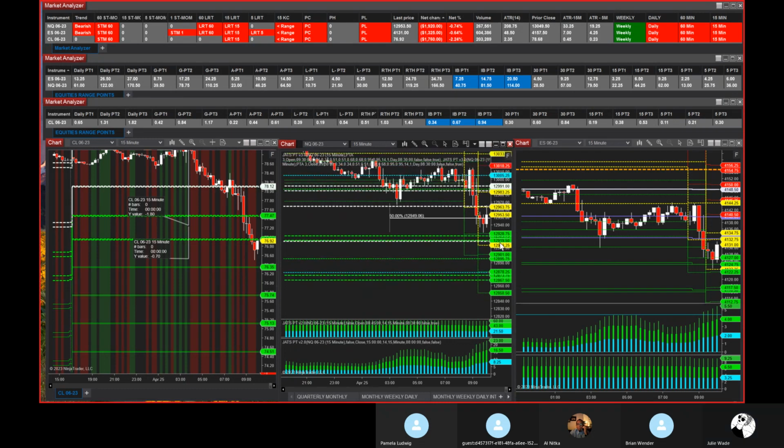There we go. So you can see we're at the top of the range, and we have a little bit lower that we can go to towards the bottom of that 1-hour IB. So that looks pretty cool.